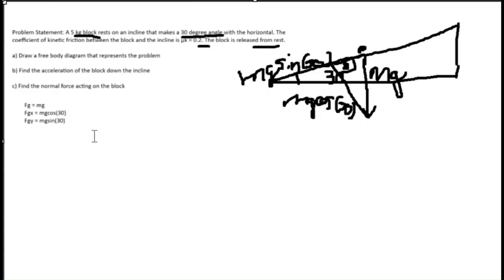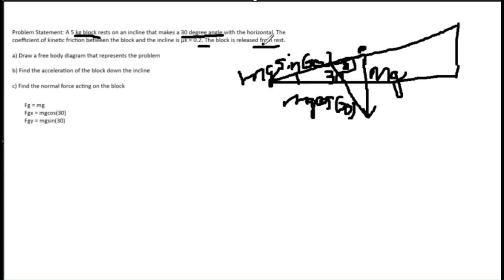Now, you might ask, how do we get this? Well, if we use trigonometric ratios, we'll say that cosine 30 is equal to the x component over the hypotenuse, mg. We multiply mg by both sides, and that gives us that the x portion would be mass times gravity cosine theta.